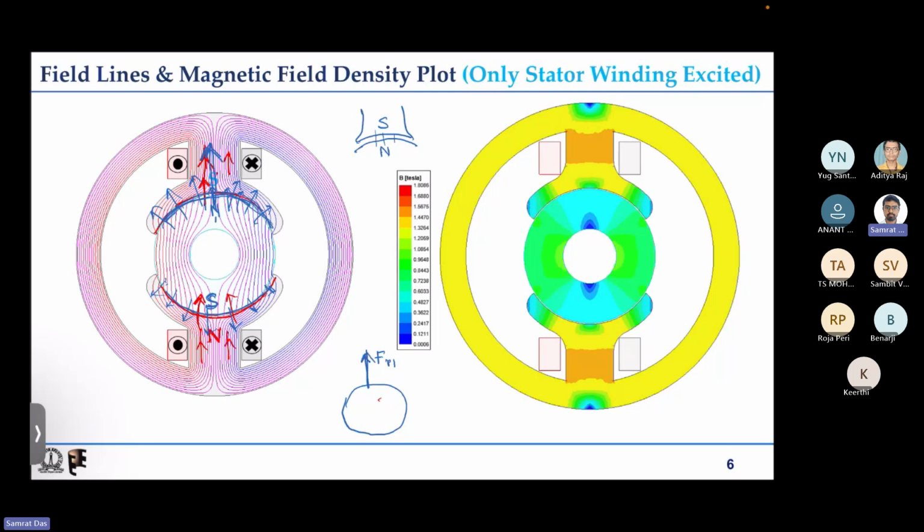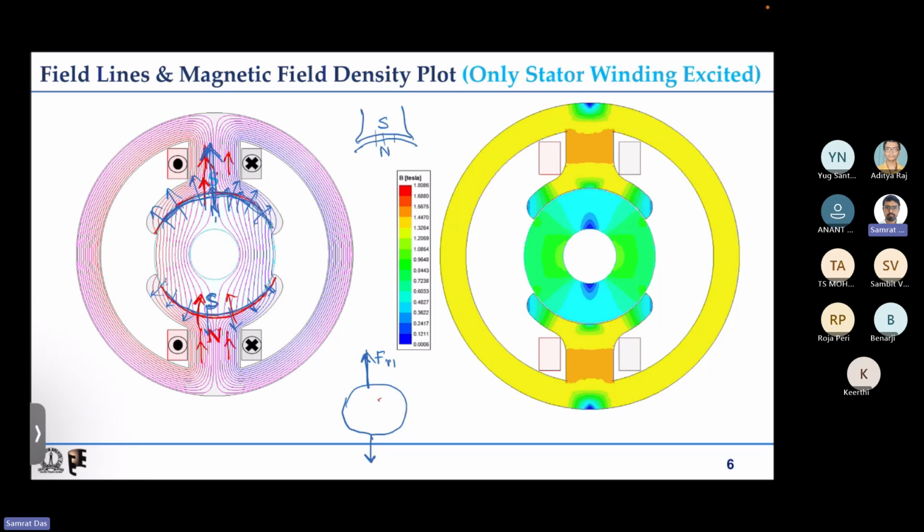So let us say this is the force, and for the bottom side, similarly along the positive x-axis and negative x-axis, the forces will get cancelled on both sides, and there will be a downward force applied on the rotor.